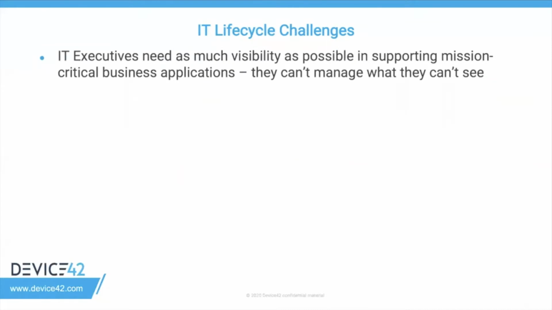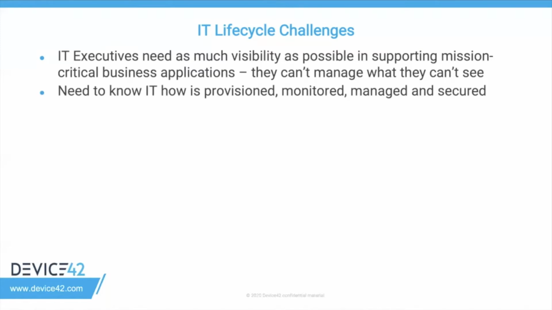Often, IT executives need as much visibility as possible in supporting mission-critical business applications. They simply can't manage what they can't see. They need to know how IT is provisioned and monitored, managed, and secured.